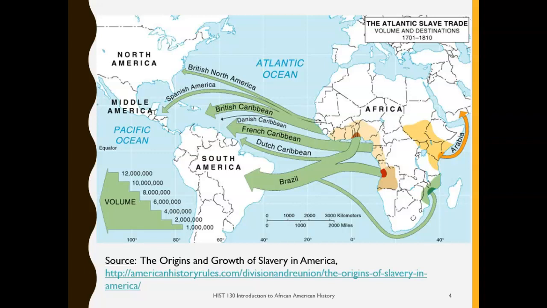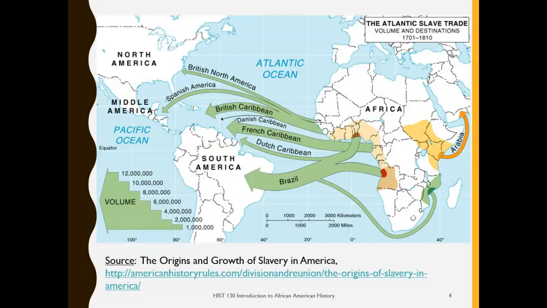And with regard to the destination of the slaves in America, the great majority were sent to South America and the Caribbean islands. As you can see, Brazil was the place where most of the slaves went. Up to 50% of the African slaves actually went to Brazil.